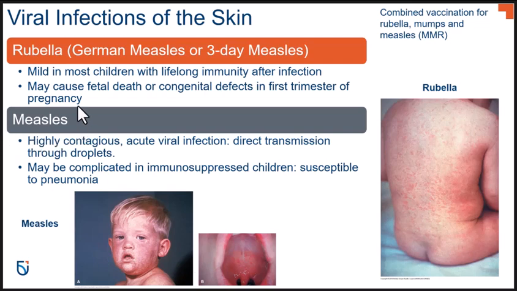So it's not measles in itself that is problematic as much as the complications that can arise, especially in those that are immunocompromised. And measles can infect the mucous membranes as well.